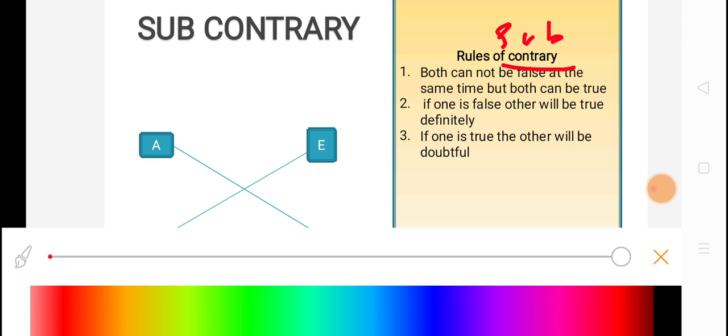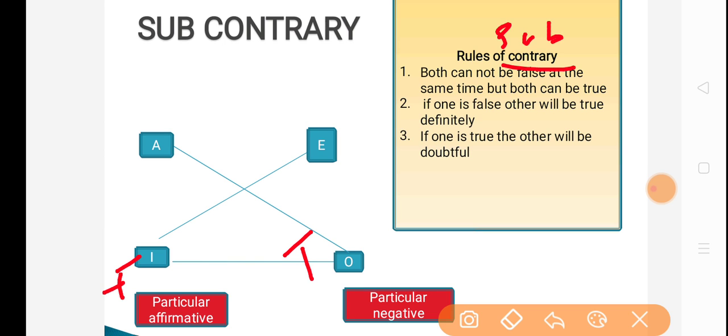Just the opposite of the contrary statement. So remember this all. Then what the second statement says: if one is false, the other will be true definitely.